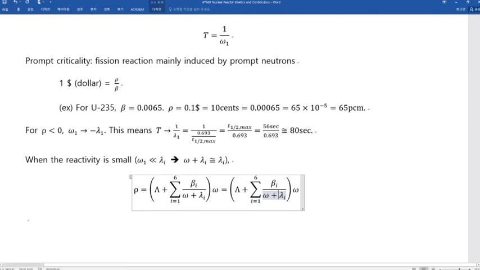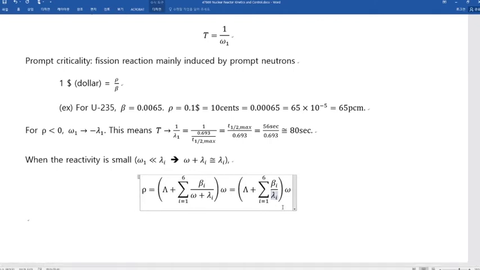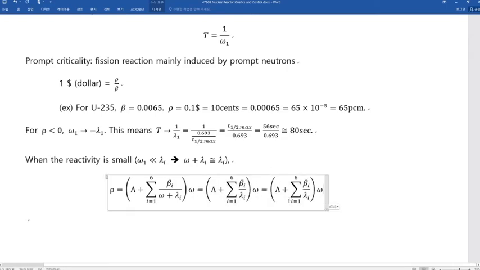So here, this is approximated with beta i over lambda i, and what is this? The sum of beta i over lambda i. So this one requires page 123.